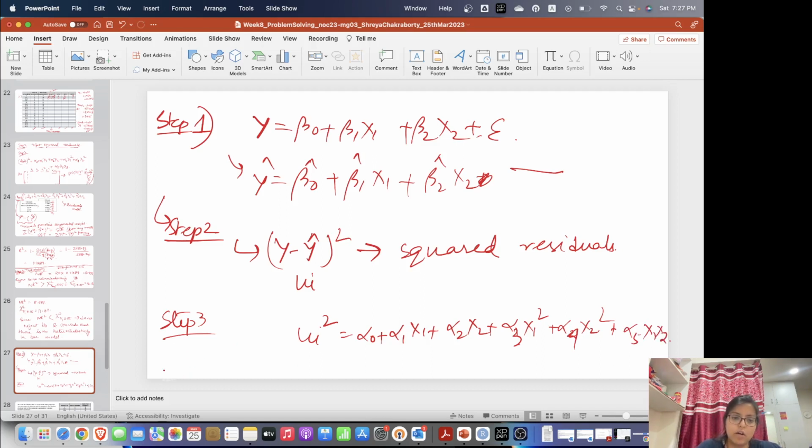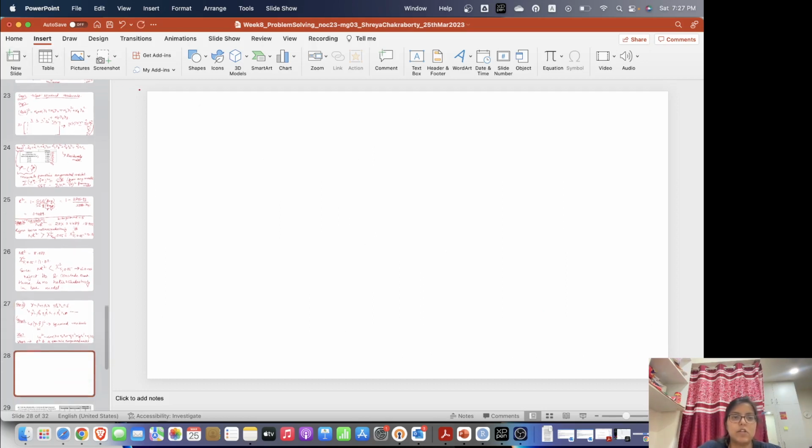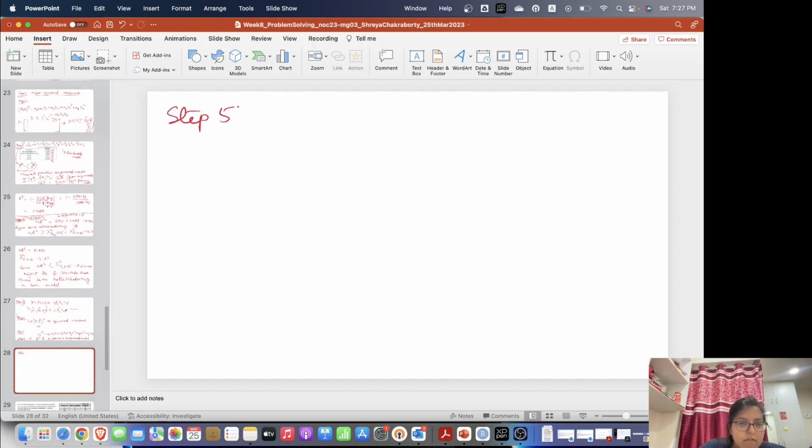Then step 4 is to get R square and k from this augmented model. K will be the number of regressors, or forms of regressors, that I am going to use. So once we have this information, step 5 is to calculate the test statistic, that is capital N into R square from the augmented model.